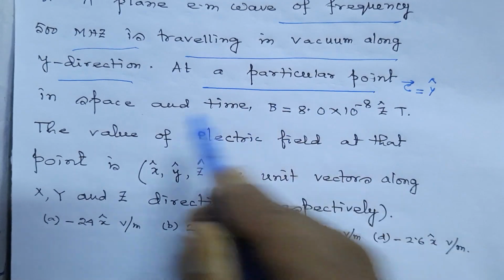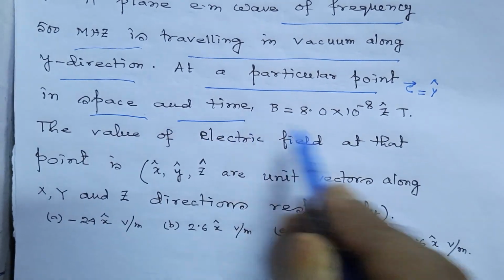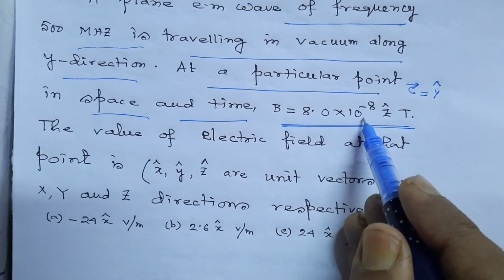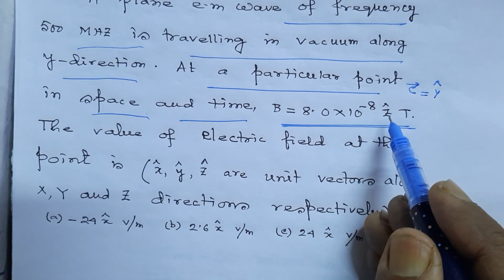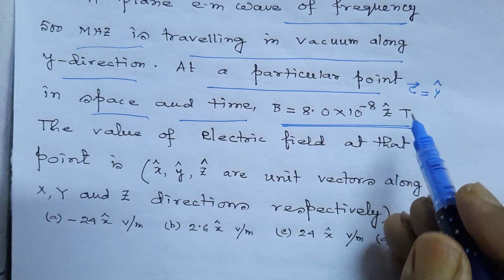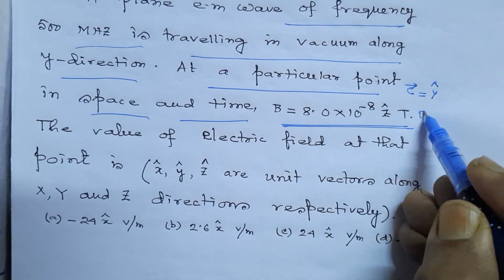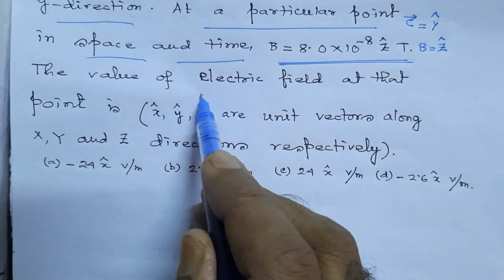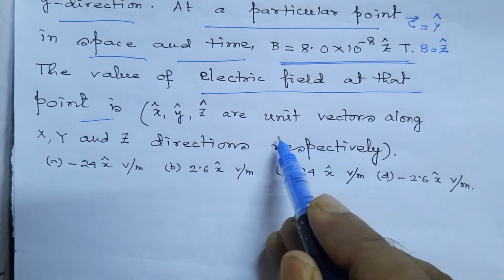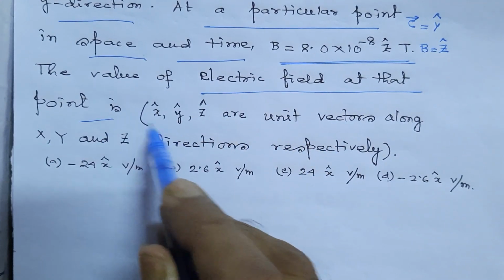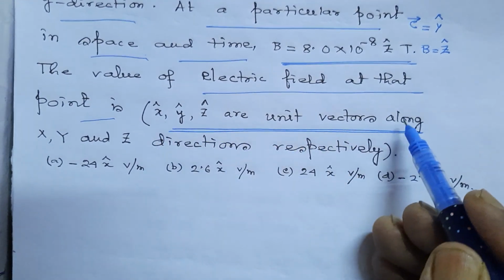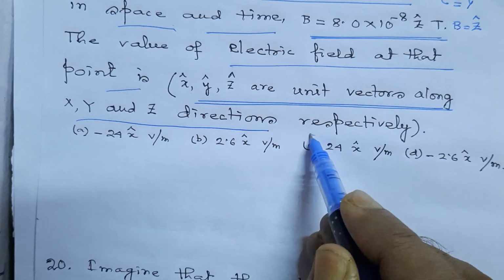At a particular point in space and time, B is 8.0 into 10 to the power minus 8 z Tesla, so the direction of B is along the z direction. The value of the electric field at the point is asked, where x cap, y cap, z cap are unit vectors along x, y, z directions respectively.